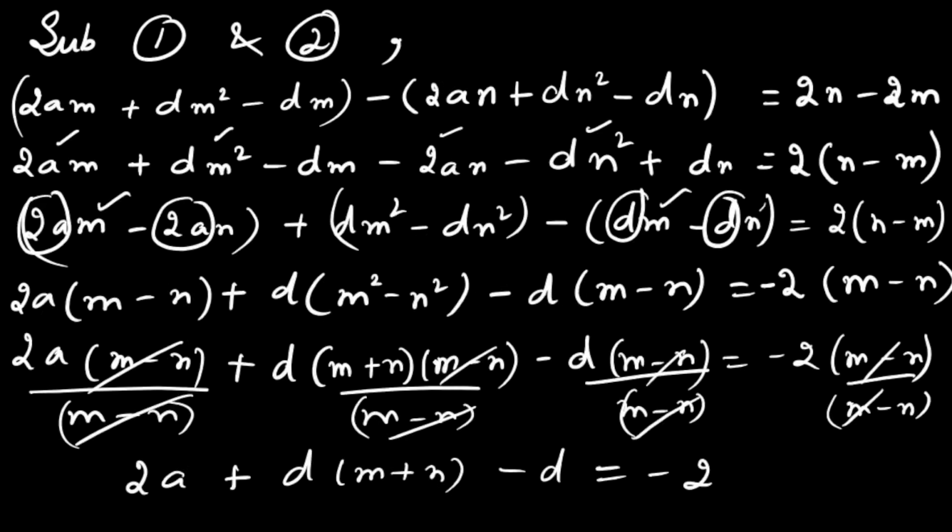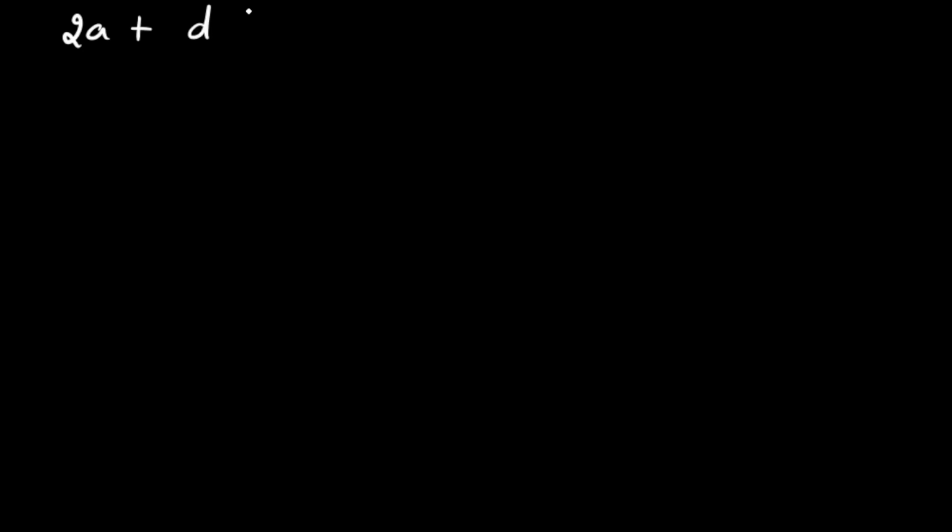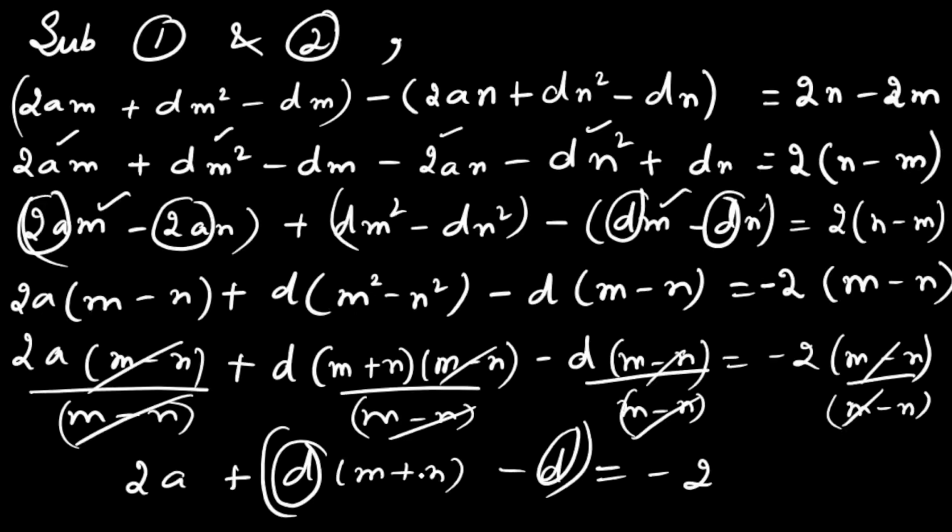So what I will get now, 2a plus, if I am taking d common, this 2 I am pairing up, d I am taking common. So what I will be left with now, m plus n minus 1 is equal to minus 2. See, here I am left with m plus n, here nothing is there, so that means minus 1.